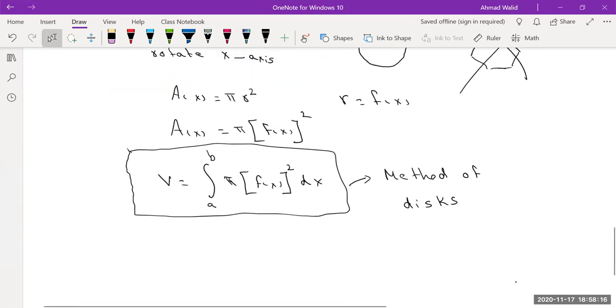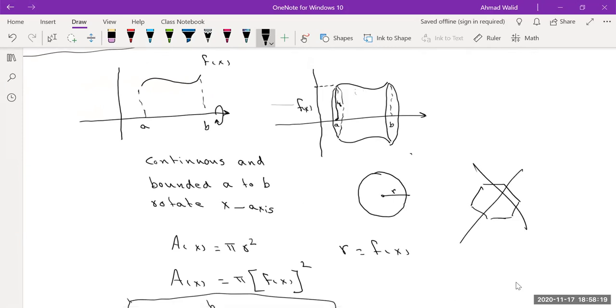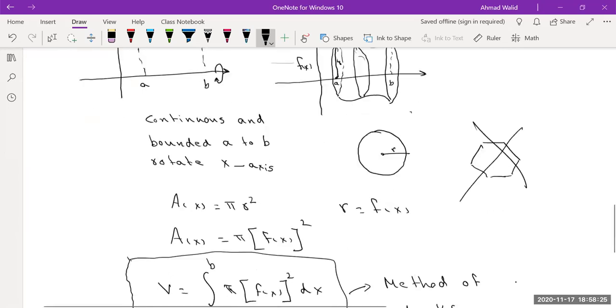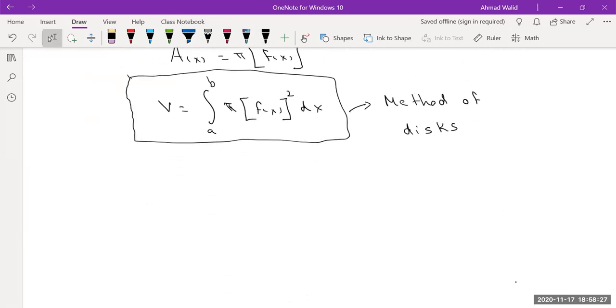Because you take small, tiny pieces, right? Each one of them is a disk, right? And you add all of them. That's why we call it the method of disks, correct? Because we call this part a disk, right? It's a disk. And you add all these disks. We call this the method of disks, correct?